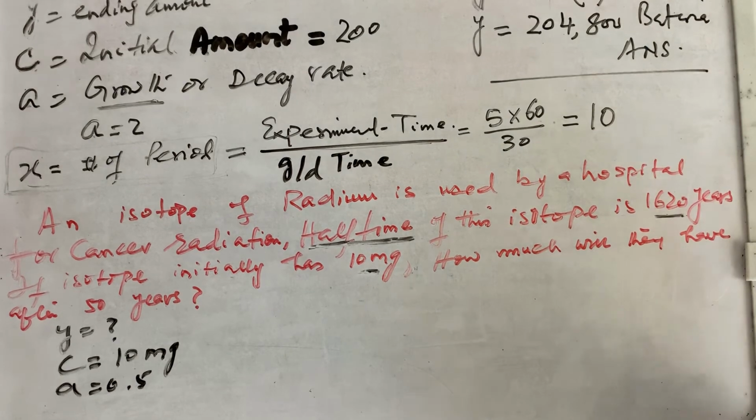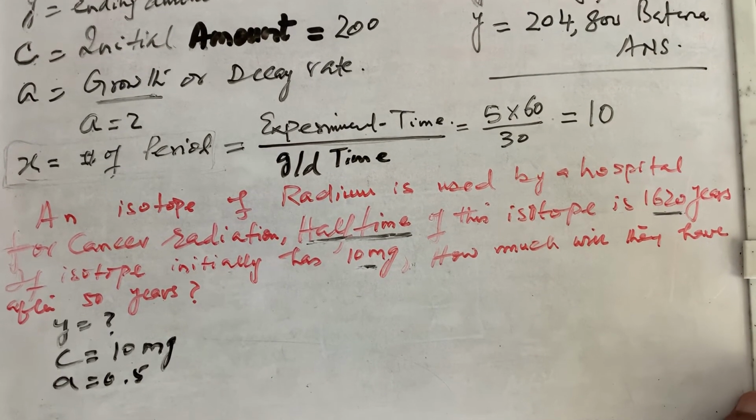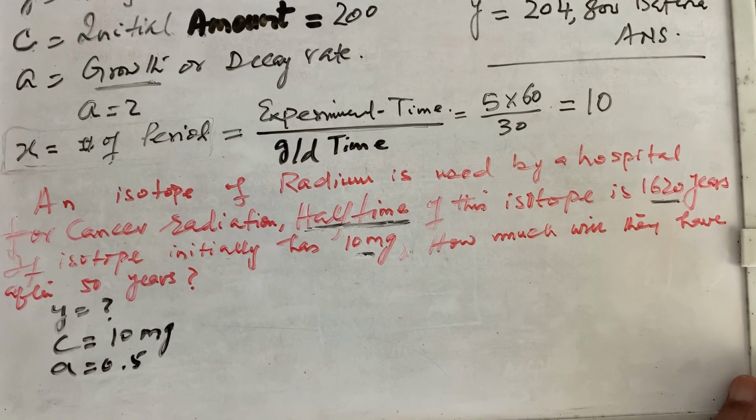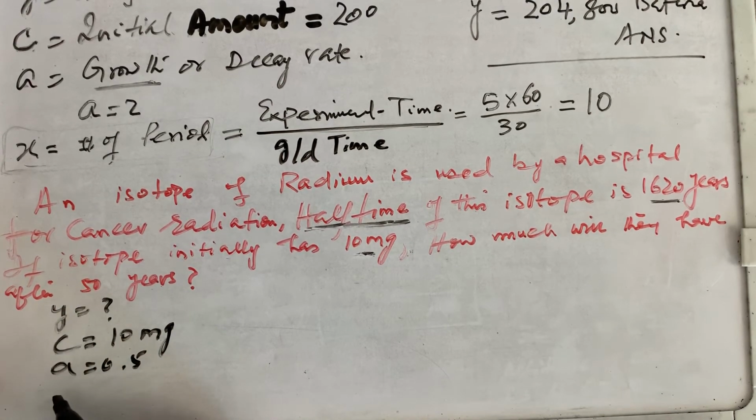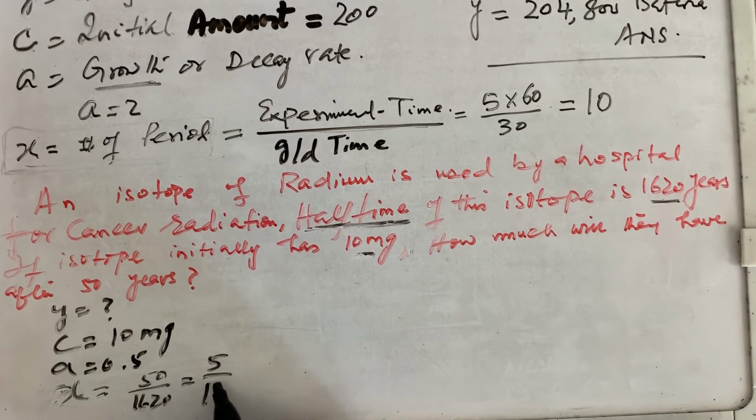But here they are not asking how much will be left after 1620 years. They are asking how much is left after 50 years. So my x is the interval, right? The x interval is 50 years, but my half-life is 1620, so it's a fraction of 50/1620, which is 5/162.